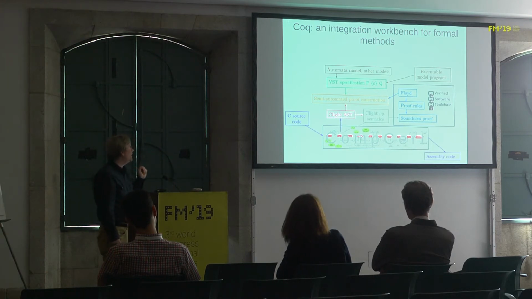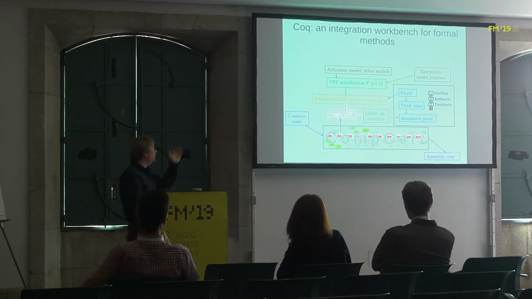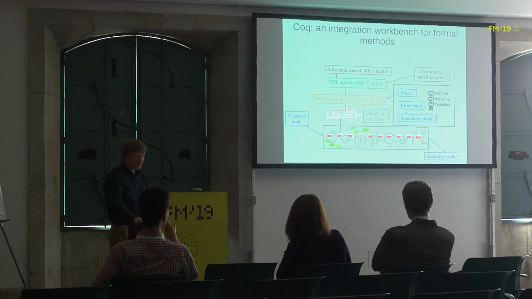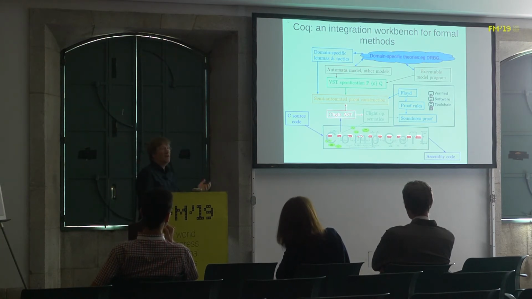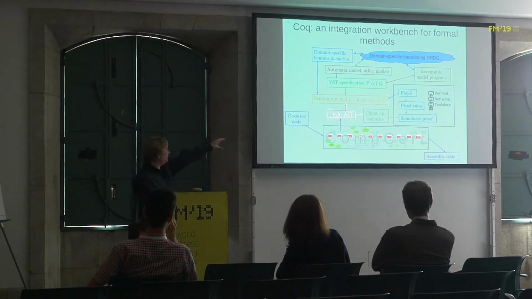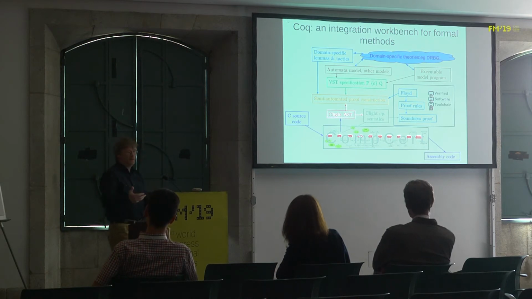And of course, we are also able to embed other semantic domain models, such as automata models, in our specifications. And we think that is very useful because the top layer really is then the domain-specific reasoning that you typically need to do to convince yourself that the specification that you write down for your C program actually satisfies the semantic properties that you want.